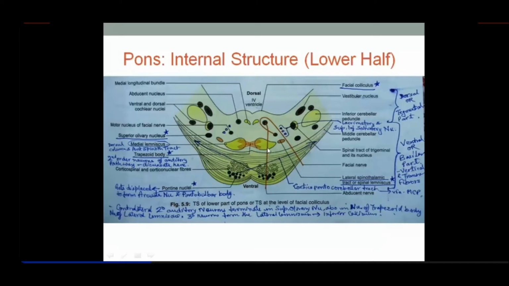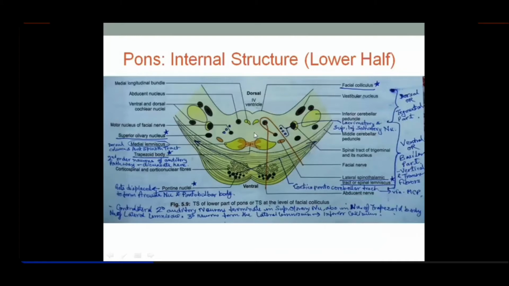This portion of the pons is called the basilar portion, the ventral portion, formed by the middle cerebellar peduncle. And this portion behind the middle cerebellar peduncle is called the dorsal or tegmental part.